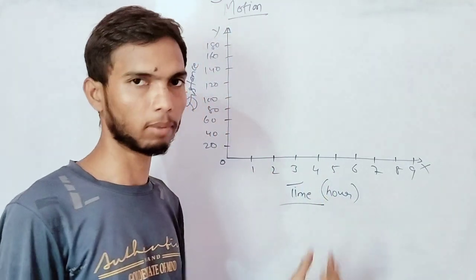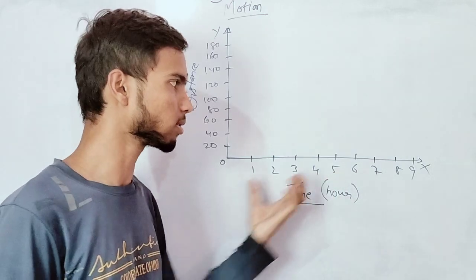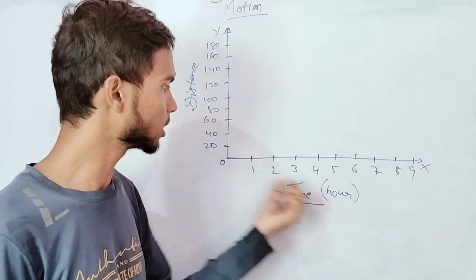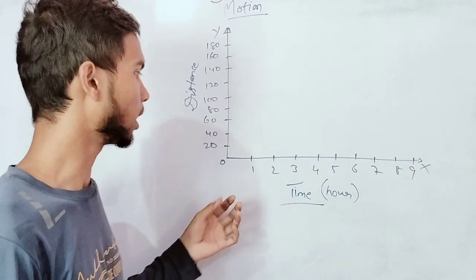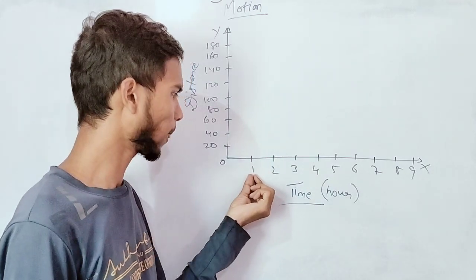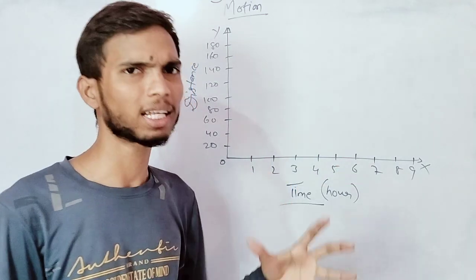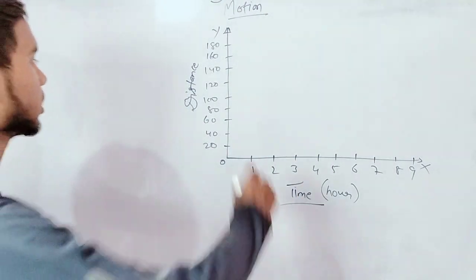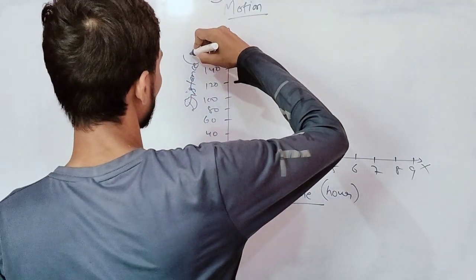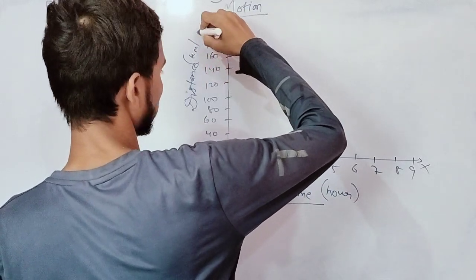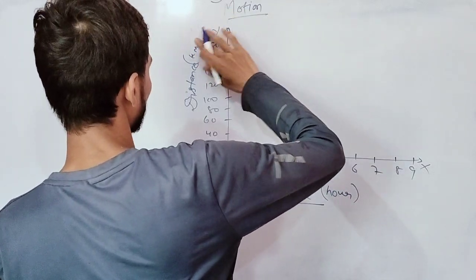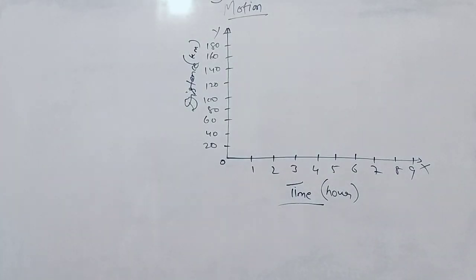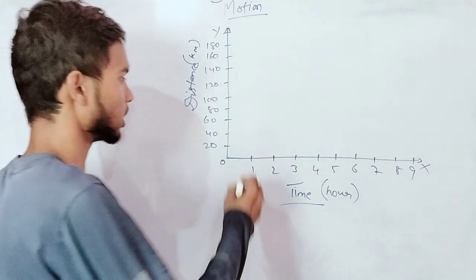Here we can write minutes if you are considering these numbers in minutes. Then I considered these numbers in hours: 1 hour, 2 hours, 3 hours, 4 hours. Like that we read. 20 kilometers, 40 kilometers, 60 kilometers. That's how we read.